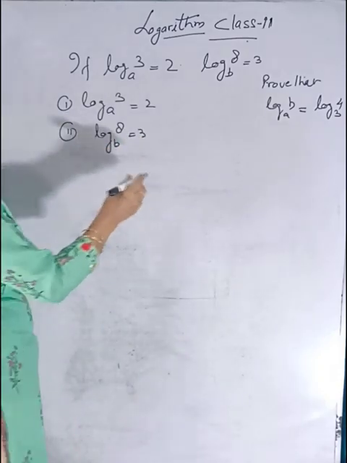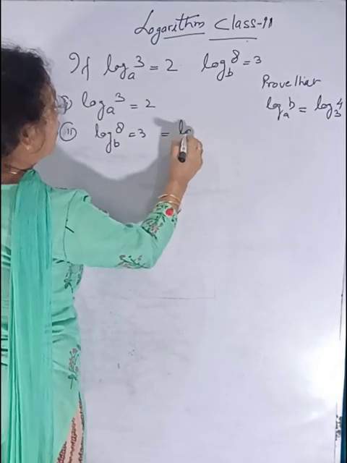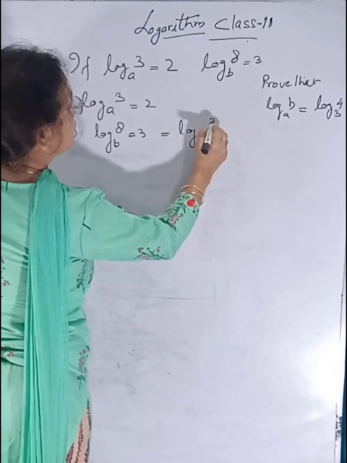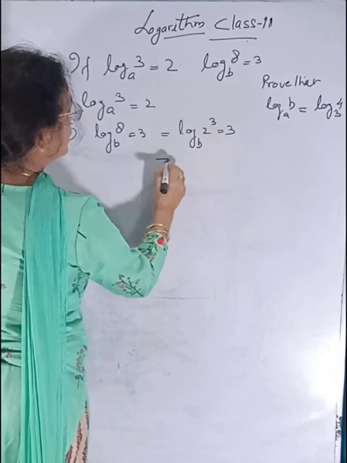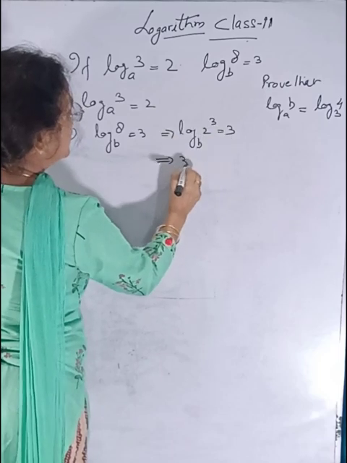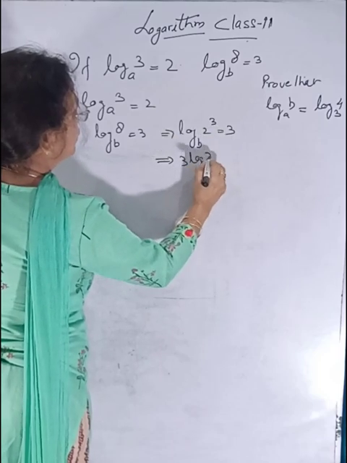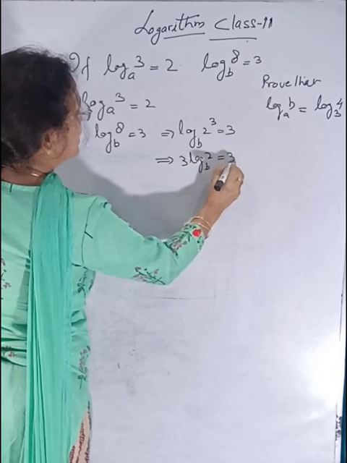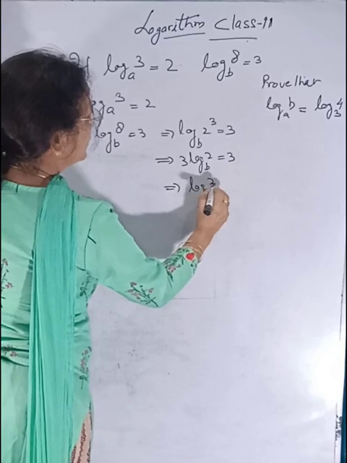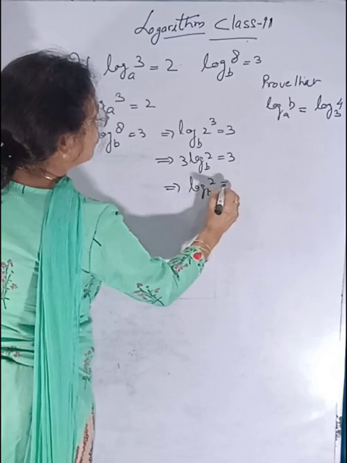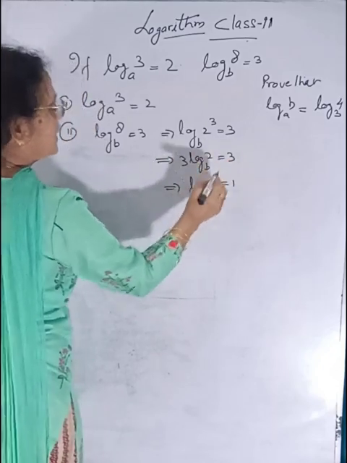Okay, it means this can be written as log of 2 cube with the base b is equal to 3, or 3 log of 2 with the base b is equal to 3, or we can say this is log of 2 with the base b is equal to 1, because this 3 gets cancelled.